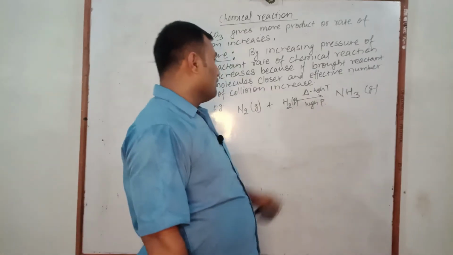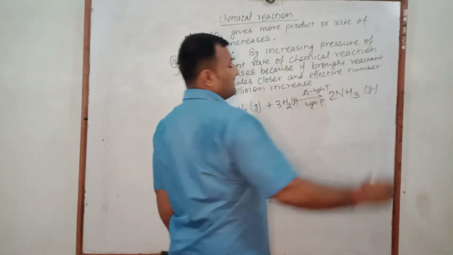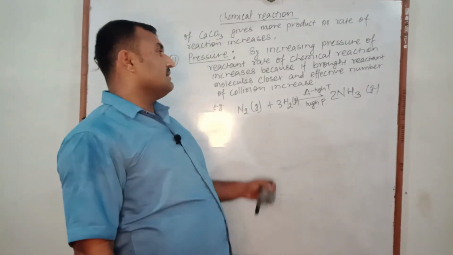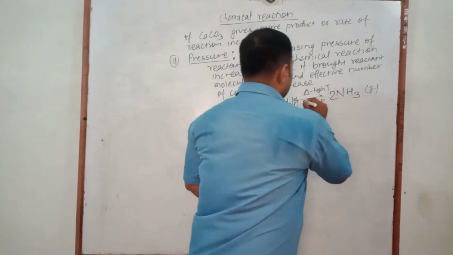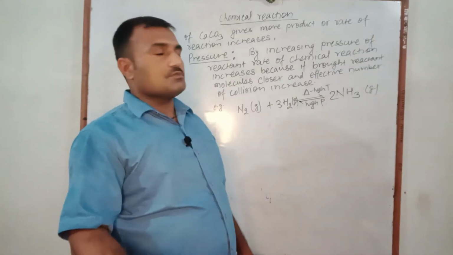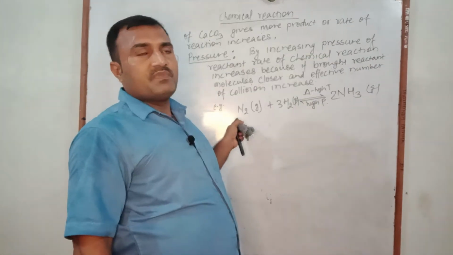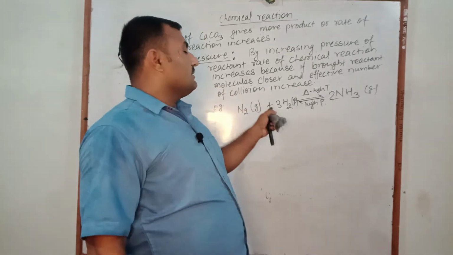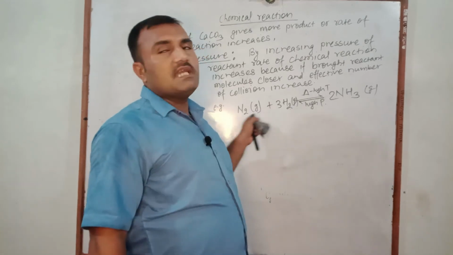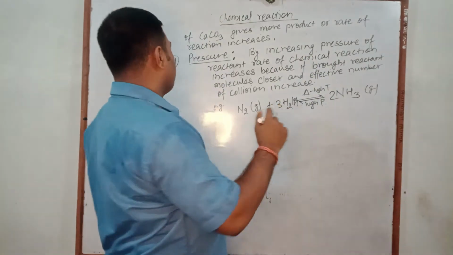It is necessary to balance it first: 2NH3. In this reaction, when pressure increases, the reaction shifts in the forward direction, that is, more ammonia gas is produced. When pressure decreases, it is reversed. In this way, pressure helps to increase collisions between nitrogen and hydrogen to combine and give ammonia molecules.